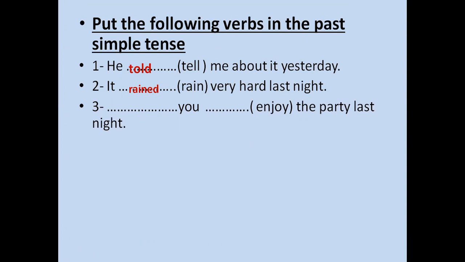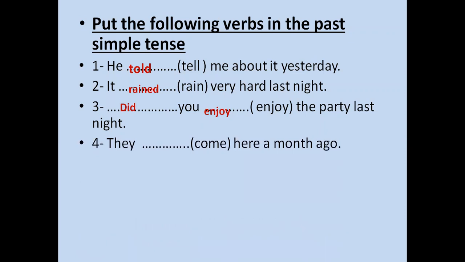So what is the form of questions in past simple? This is a yes or no question. So we start with, did you enjoy the party last night? We start with did, and with the subject you, and with the verb enjoy in infinitive.